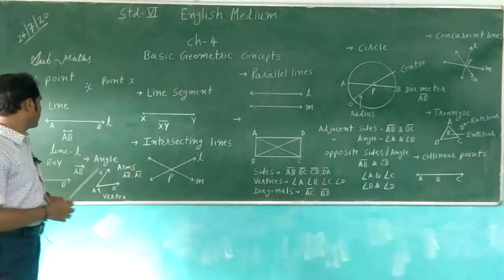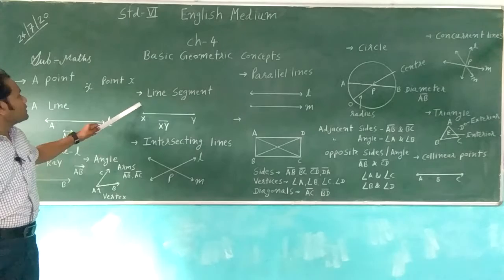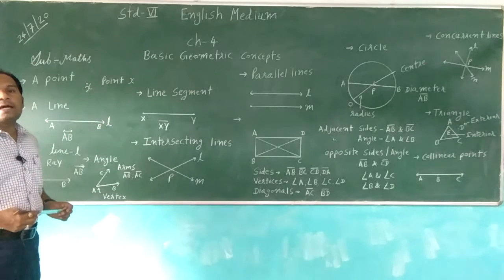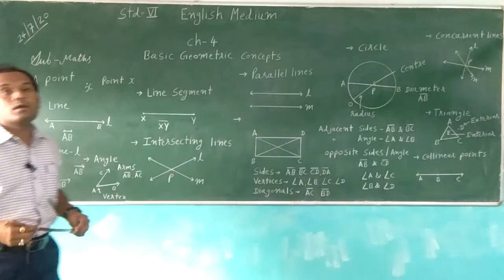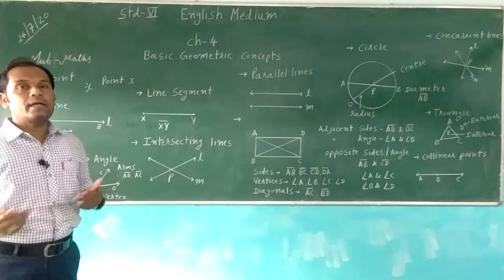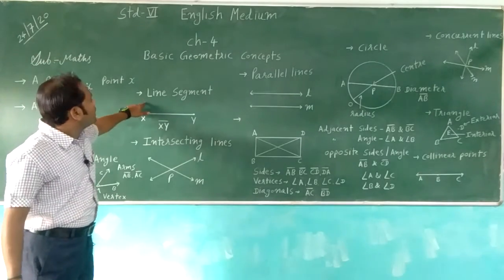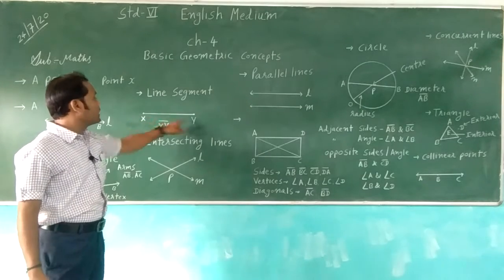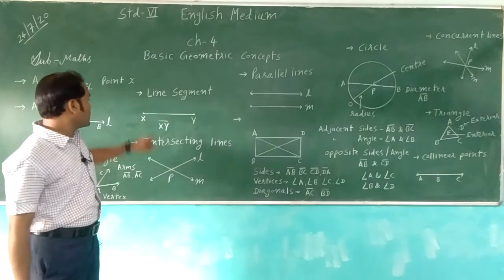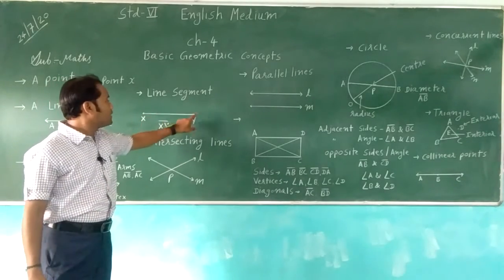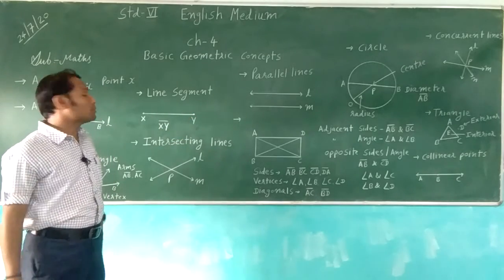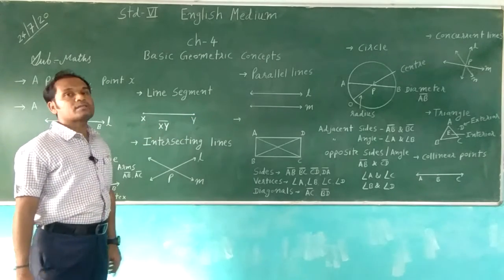Next thing is a line segment. A line segment is different from a line. Line and line segment both are different. A line segment has two end points. Here X and Y are the end points of line segment XY.